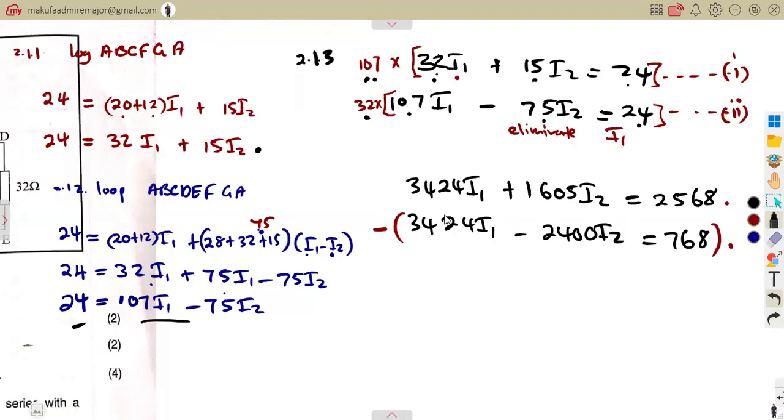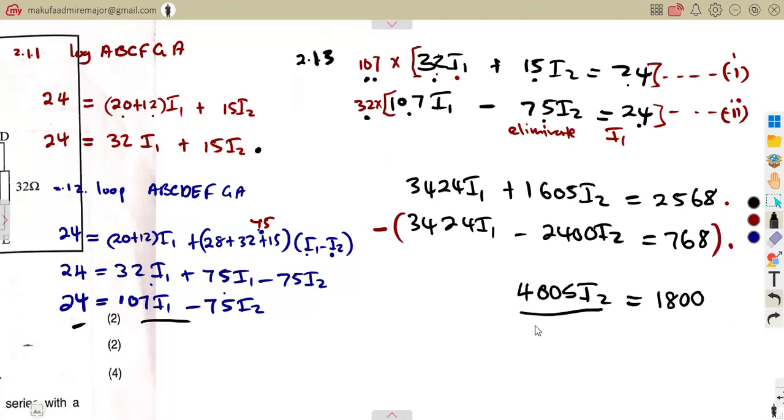If you subtract these two, that will be a 0. You do the same thing: if you subtract this minus this, it will be a plus. So that will be 4,005 I2 is equal to 2,568 minus 768. That is going to be 1,800.